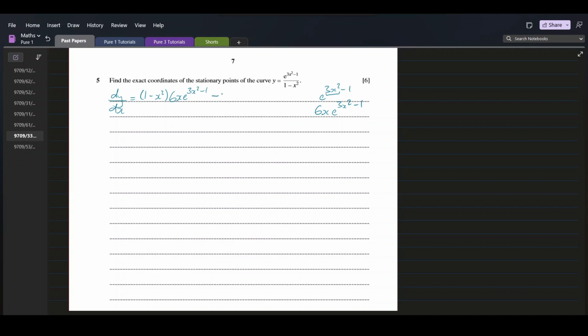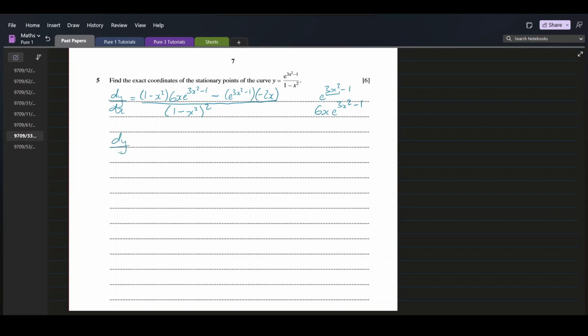And that's minus, let's hold our numerator e to the power 3x squared minus 1 and differentiate our denominator 1 minus x squared, and we get negative 2x. And this is all over our denominator, 1 minus x squared, squared.